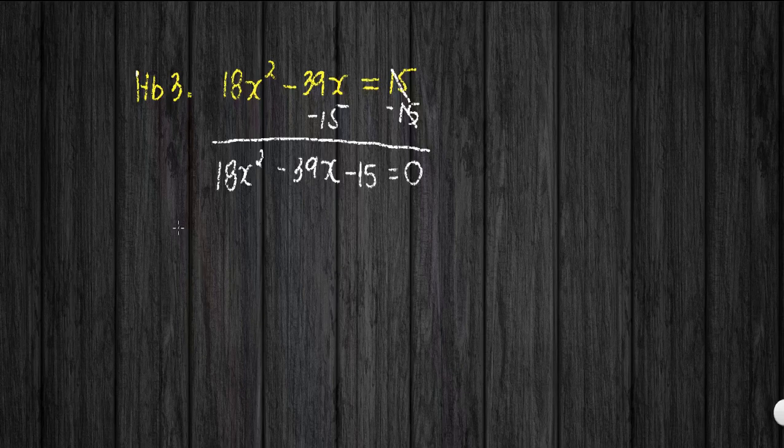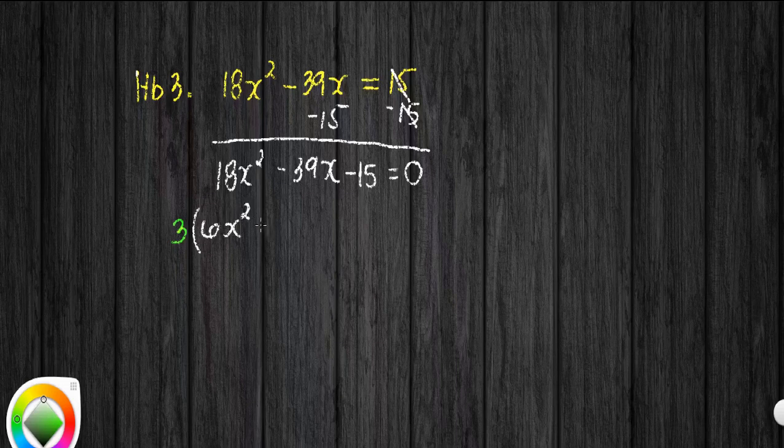Now, let's see if we have a common factor among these three coefficients: 18, negative 39, negative 15. Okay, so 3 is the common factor of the three coefficients. 18 divided by 3 is 6x squared. Negative 39 divided by 3 is negative 13x.